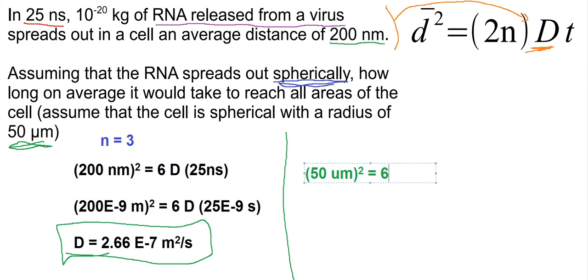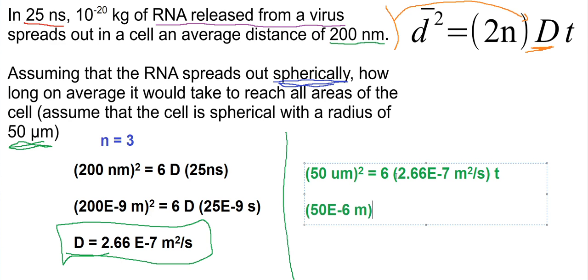Just like before, it's going to be equal to 6 times d, where d is 2.66 times 10 to the negative 7 meters squared per second. And the time period here, t, is what we're trying to find. Now, just like before, we're going to probably want to put everything in SI units. So 1 micrometer is just 10 to the negative 6 meters.